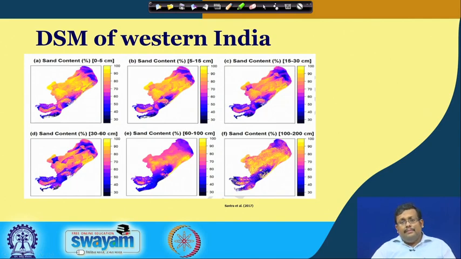So, these are some prescribed soil depths, and using the DSM technique we can produce the spatial variability map of any soil property at these different depths. It is basically a 3D representation, and remember that these spatial variability maps or DSM products are highly accurate, because they consider not only the soil legacy data, but also other covariates from different sources.